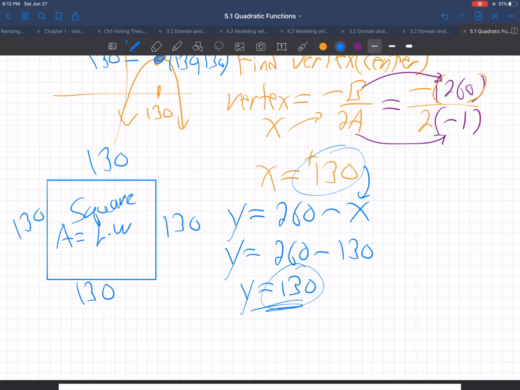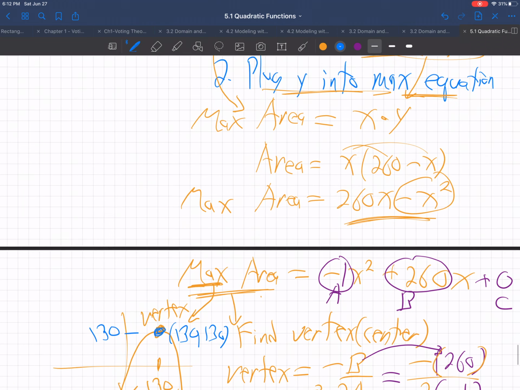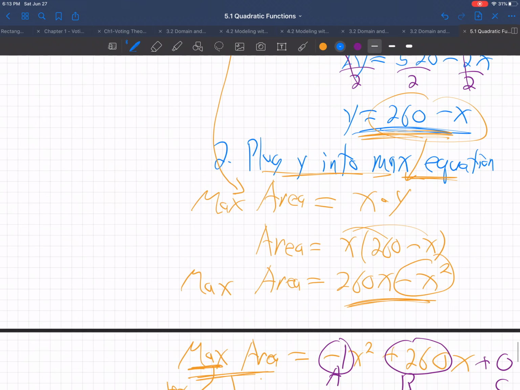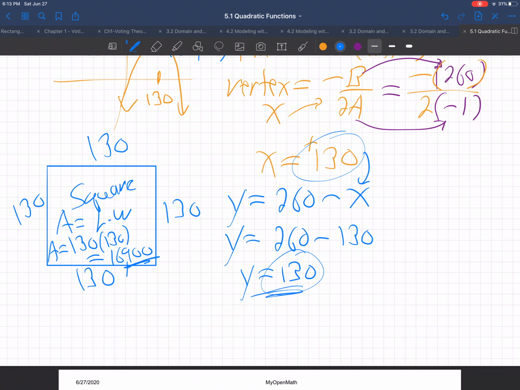Length times width, 130 times 130. I think I do know. 16,900. 16,900 square feet. That's more than even we had back here. This one is 16,500. This one's the most possible, 16,900. So that is the rectangle of maximum area.